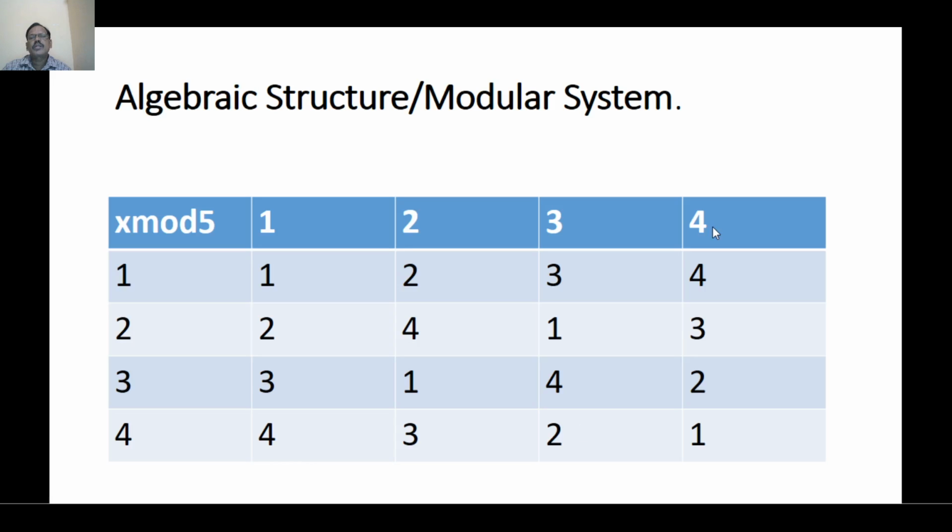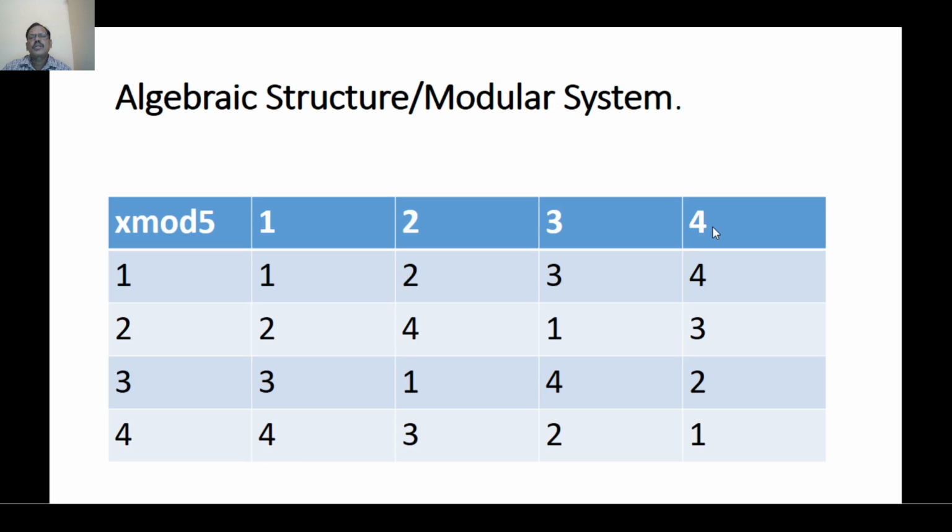So it satisfies the closure property. And 1 acts as the identity element. And the inverse of 1 is 1, the inverse of 2 is 3, the inverse of 3 is 2, the inverse of 4 is 4. 4 into 4 is 16, that is equal to 1.